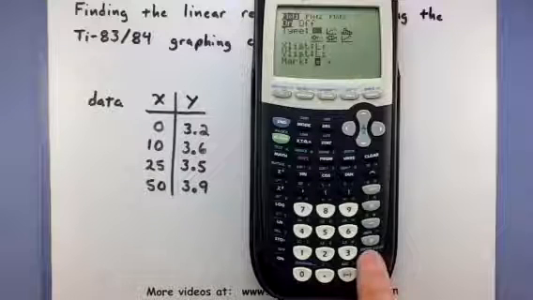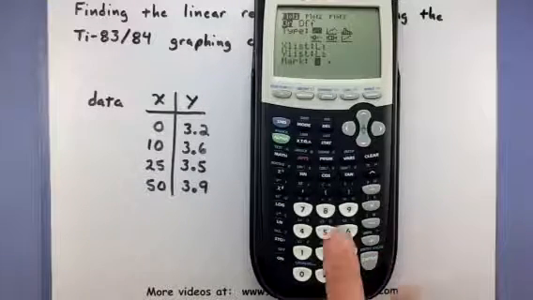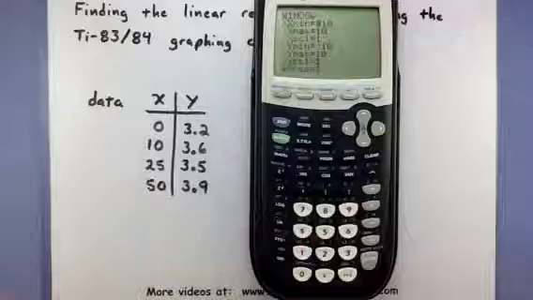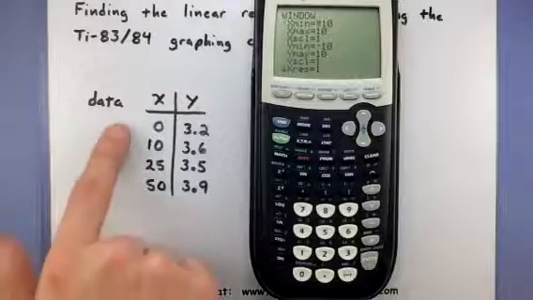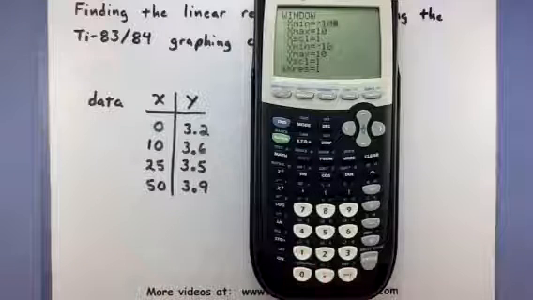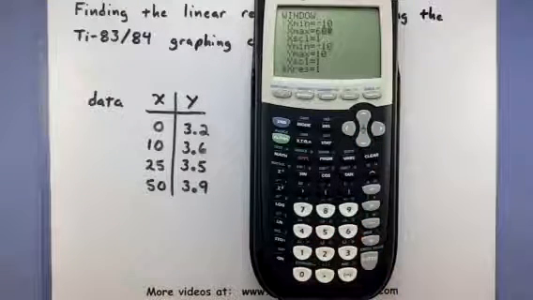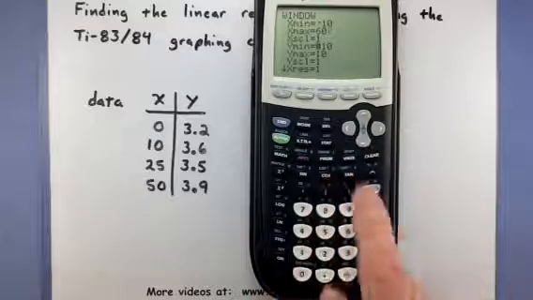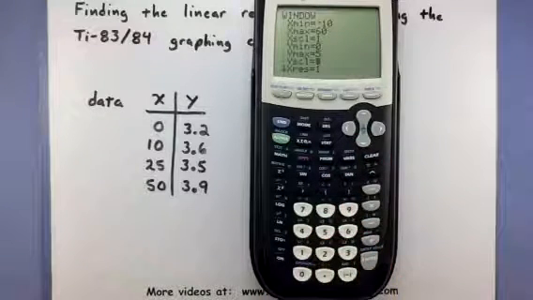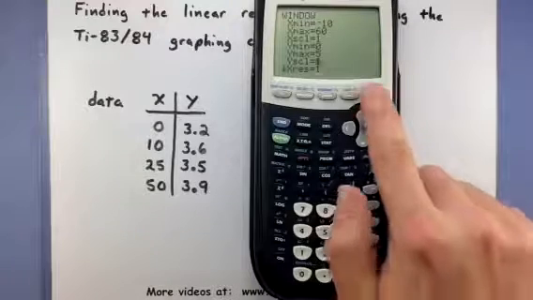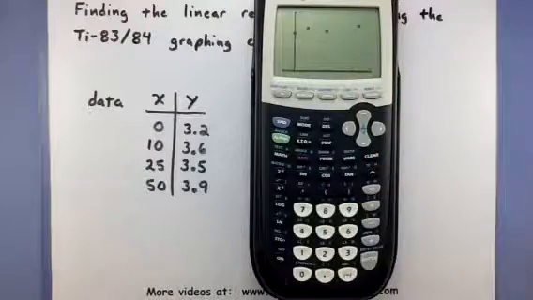Alright, that looks good. Now let's adjust our window so that it displays our data properly. So I'm going to choose, let's say, between -10 and 60 so I can see all of my X values. And I'll choose Y values between, say, 0 and 5. There we go. Let's go ahead and press Graph to see what this data looks like.